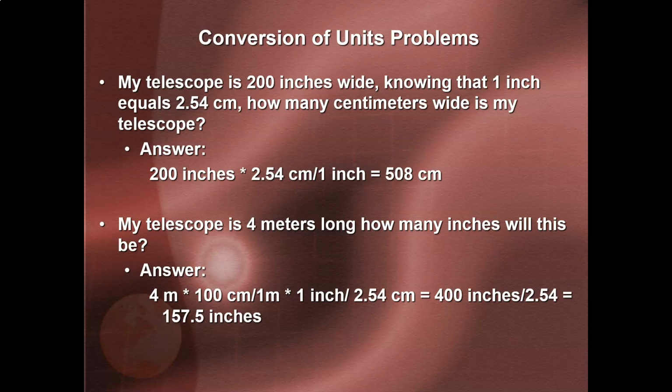On the first problem, they say, my telescope is 200 inches wide, knowing that 1 inch equals 2.54 centimeters. Now, 1 inch is an American unit, whereas centimeters is a European unit. So they're giving you the conversion: 1 inch equals 2.54 centimeters.